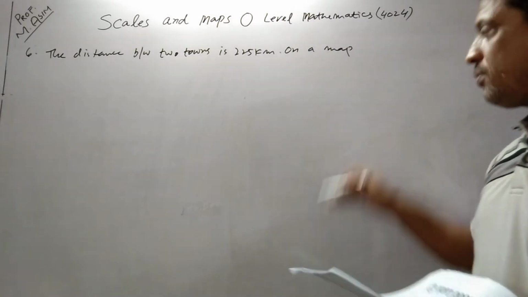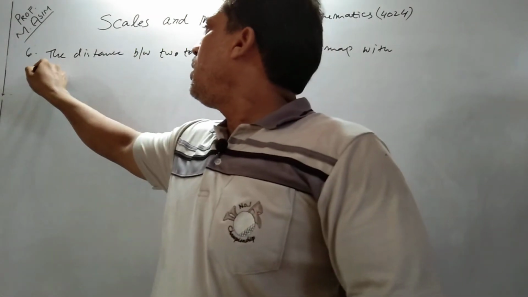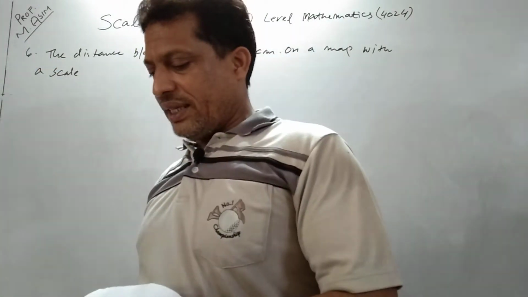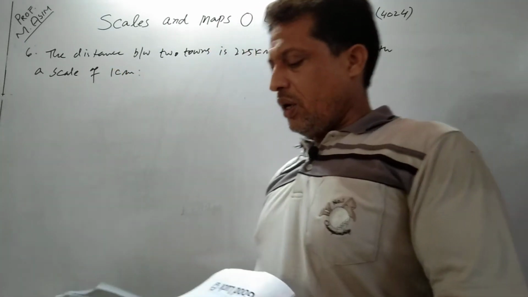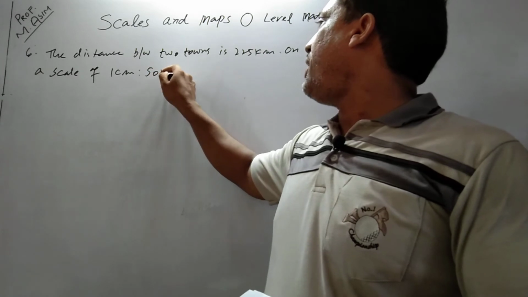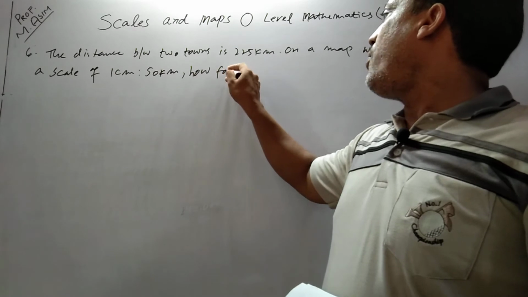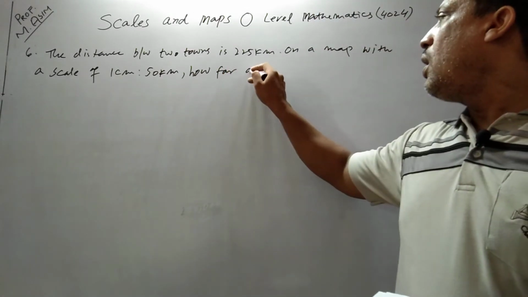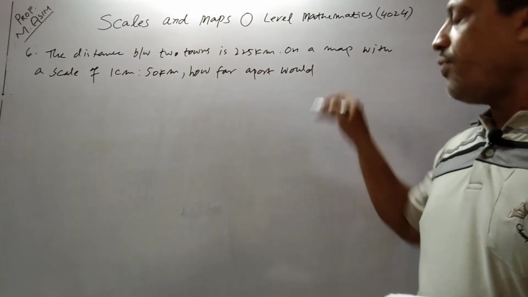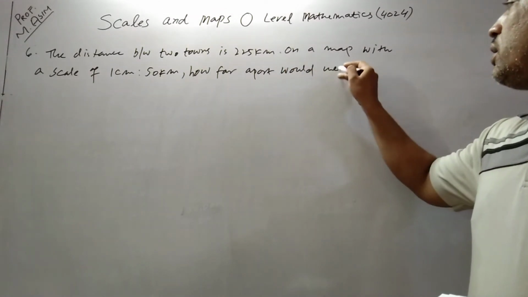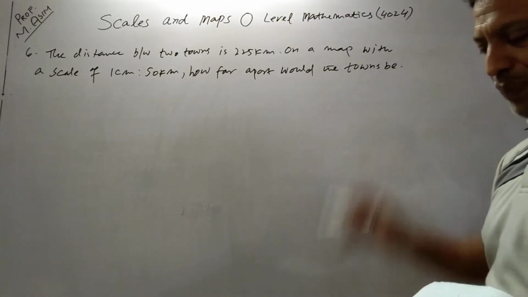On a map with a scale of 1 centimeter representing 50 kilometer, how far apart would the towns be?